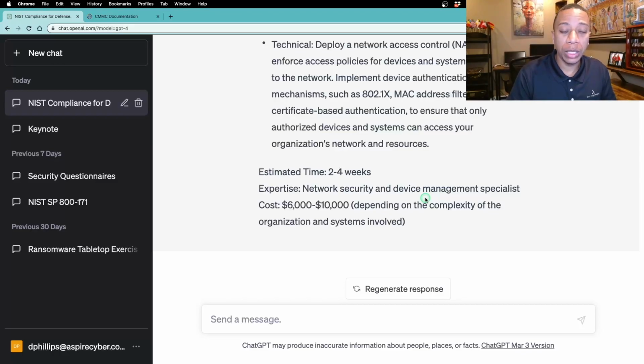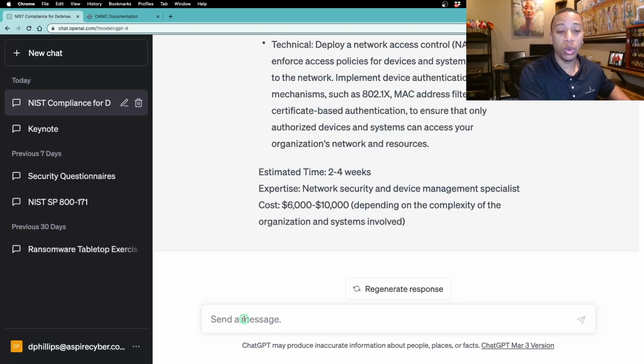Now, ChatGPT has provided us guidance for the 3.1.1 practice, giving us technical and administrative solutions that we can use to satisfy the practice and all the assessment objectives. At this point, you would just continue to prompt ChatGPT for additional guidance if you're unclear how to implement any of the controls for this practice.